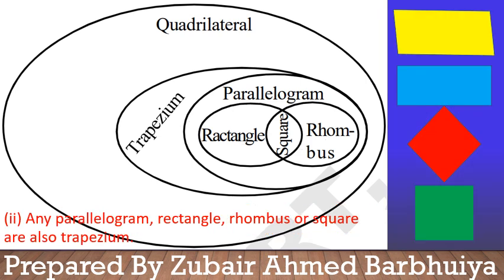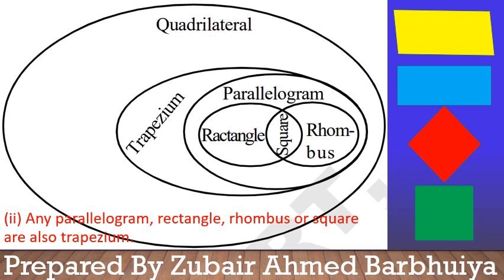Here in this slide I will explain the relation of trapezium with other quadrilaterals: parallelogram, rectangle, square and rhombus. We know the definition of trapezium. A quadrilateral will be called a trapezium if at least one pair of sides are parallel.